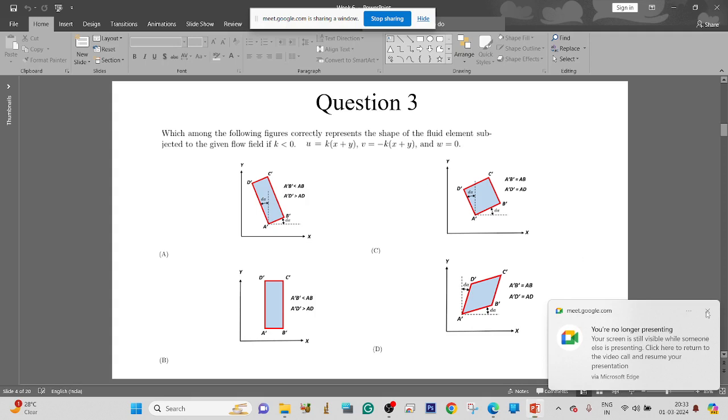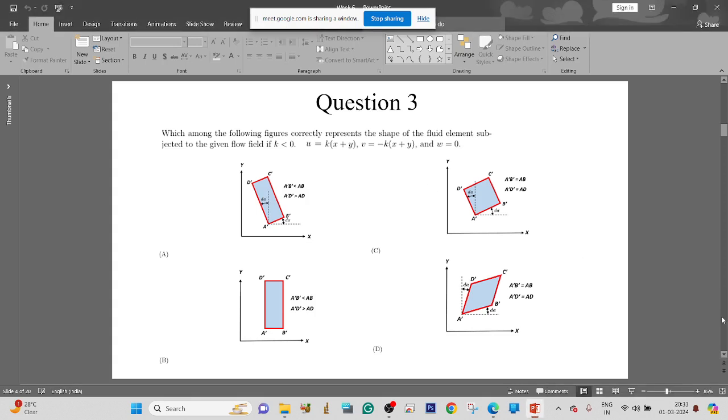Have you understood? Yes, ma'am. If one is positive, then the other, if negative, should have come in the clockwise direction. So if you are taking alpha as positive, that means in the clockwise direction, then beta should be in the anti-clockwise direction, no?